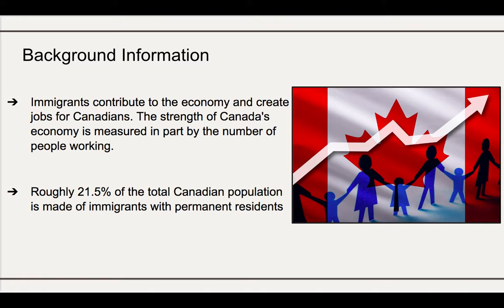One of the factors which can affect the economy is the employment rate. In Canada specifically, immigrants contribute to the economy and create jobs for Canadians. And as of 2019, 21.5% of the total Canadian population is actually made up of immigrants with permanent residence.